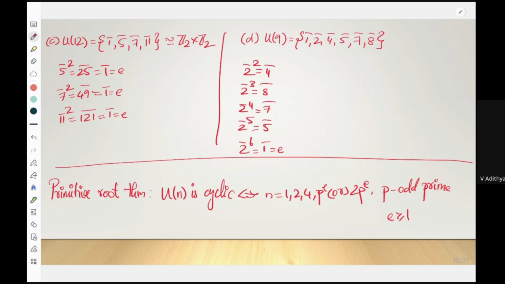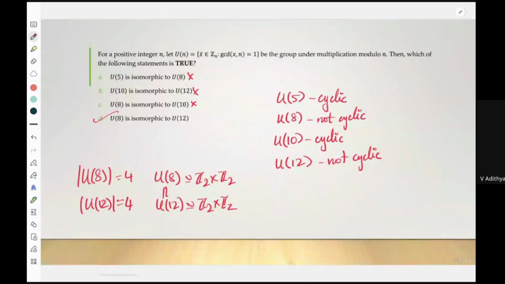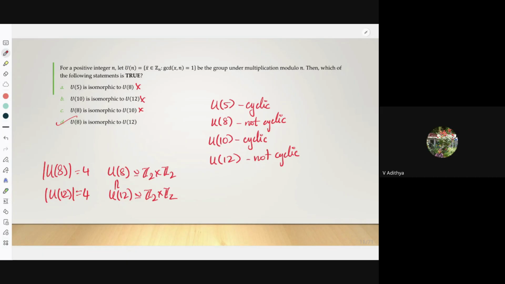Once you know this result, now try to solve this question. You know, U of 5 and U of 10 are cyclic, whereas U of 8 and U of 12 are not cyclic. So you can easily get the correct option.